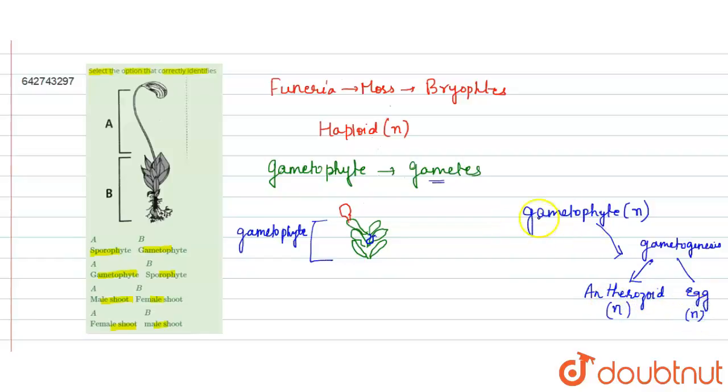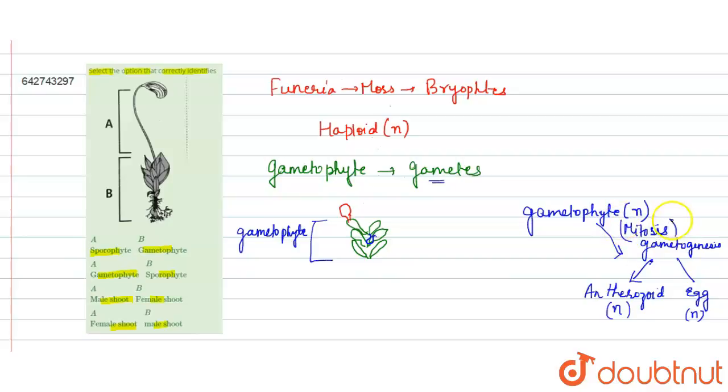Now, you can imagine that this gametophyte is already haploid, and we have to produce gametes which are also haploid. So, what kind of division will take place here? Normally, gametes are produced as a result of meiosis, but since this main plant body is already haploid, mitosis will take place.